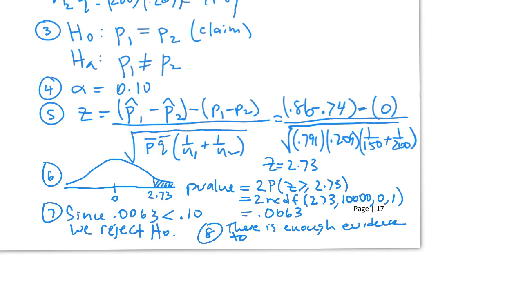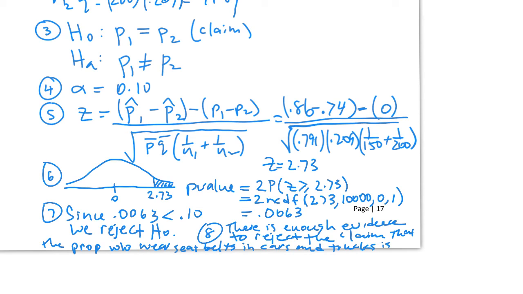Remember, H0 is the claim, so it's reject the claim that the proportion who wear seatbelts in cars and trucks is the same. So, page 16-17, demonstrating the z-test to compare two population proportions.